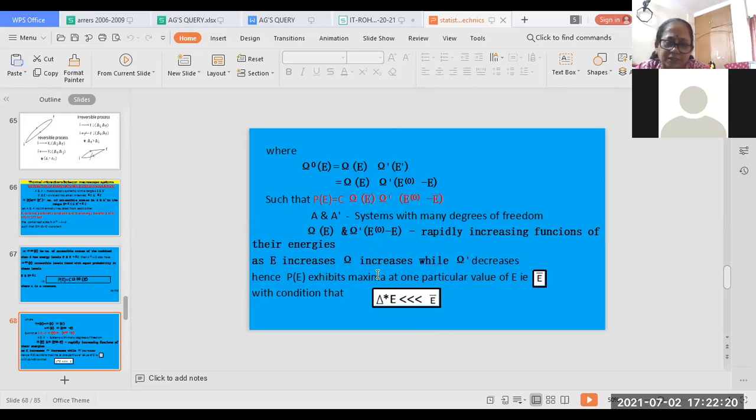As E, the energy of the system, increases, omega increases while omega dash decreases. If the total energy is fixed, one value of omega should increase and the other should decrease, so that the total remains constant.